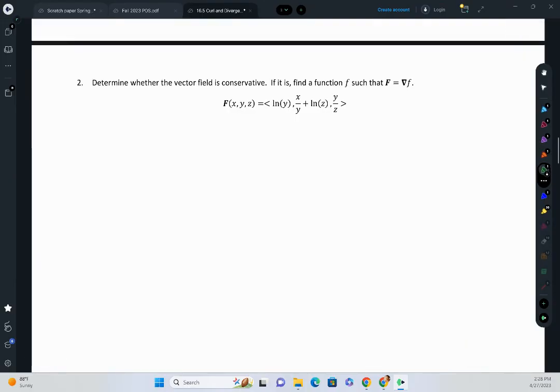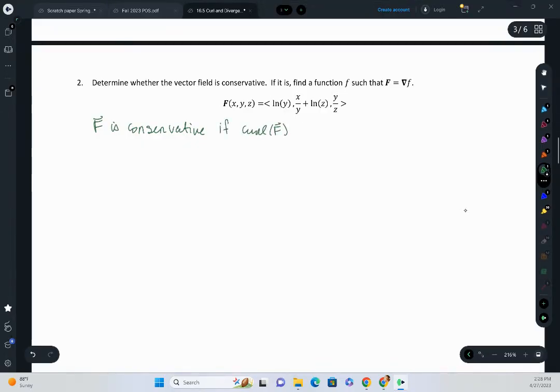All right, so we're going to determine whether this is conservative. So we'll know that f is conservative if curl of f gives back the 0 vector. So let's figure that out.